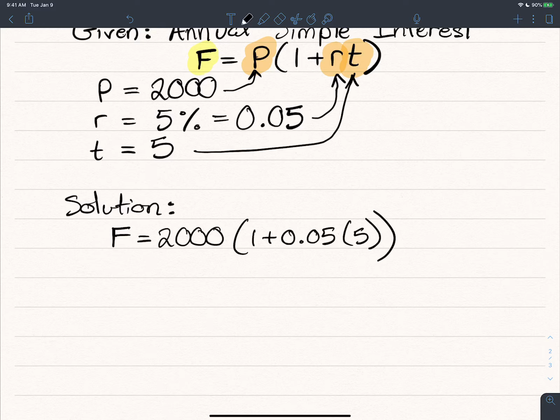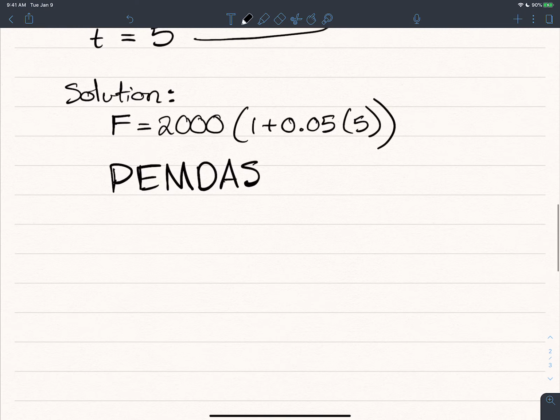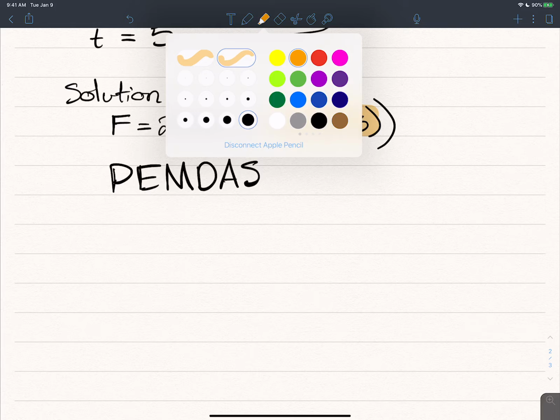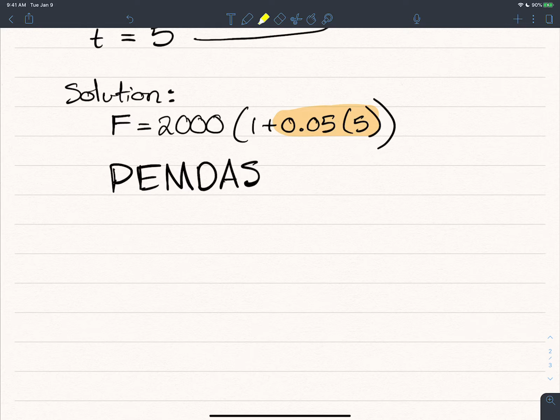And to simplify it, what do we use? PEMDAS. So what do we start with? Parentheses, right? So we need to do parentheses first. What's inside of the parentheses? 1 plus 0.05 times 5. So inside of the parentheses, it's like we're going to do another little tiny PEMDAS. We need to do this part first, and then after that we can do the 1 plus part.